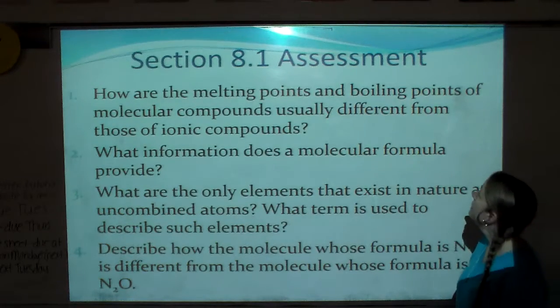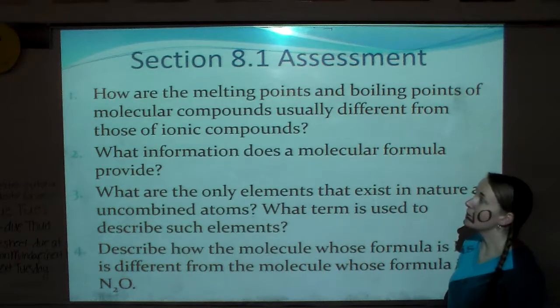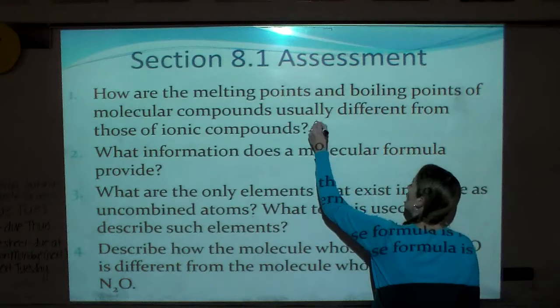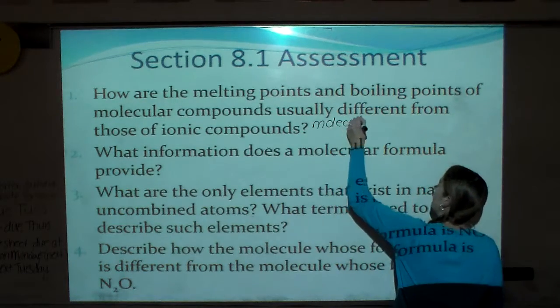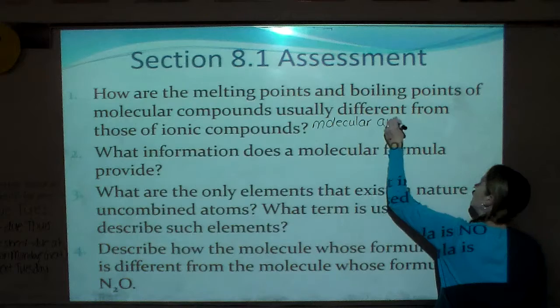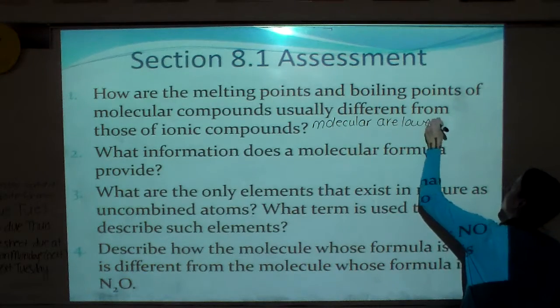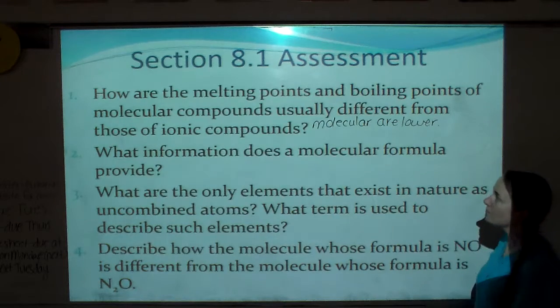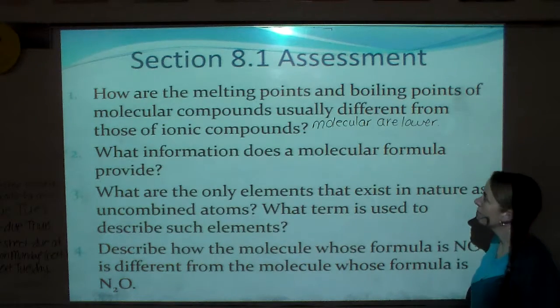So how are the melting points and boiling points of molecular compounds usually different from those of ionic? Remember, ionic have high, molecular have low. So we can say molecular are lower. Ionic are high and molecular are low, so when we're comparing the molecular compounds, we have the lower melting point and boiling point.